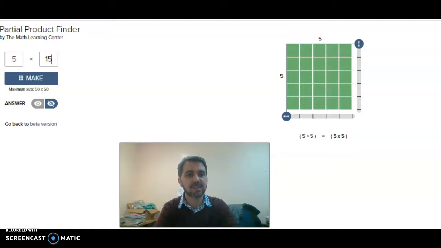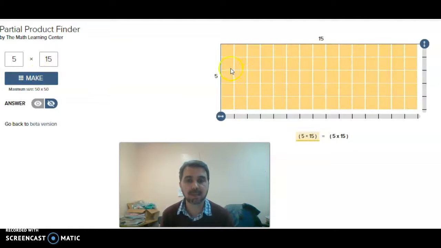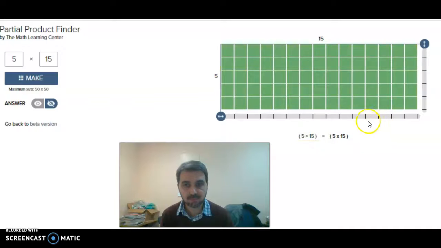And then I put in 15, and then I say make. Whoa, look, it makes a rectangle that is 5 rows on the side here. 1, 2, 3, 4, 5. And then along the top, it's got 15. 1, 2, 3, 4, 5, 6, 7, 8, 9, 10, 11, 12, 13, 14, 15.